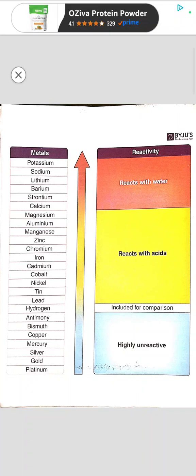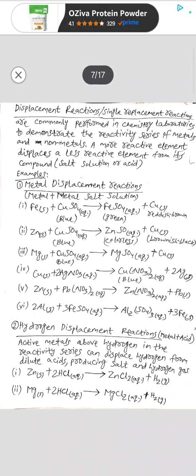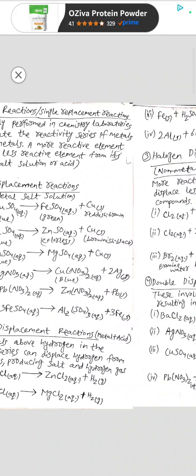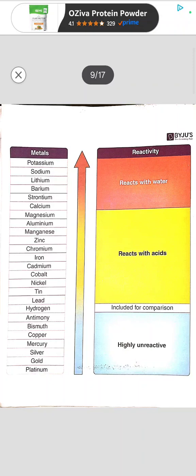Let's take an example of zinc and copper. If we react zinc with copper sulfate, Zn plus CuSO4. See the reactivity series. Zinc is below the manganese, copper is below hydrogen.